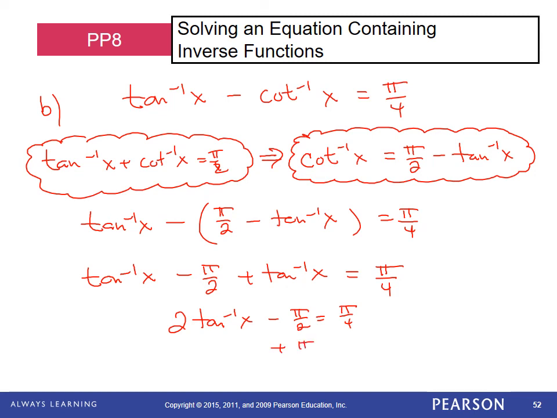We add pi over 2 to both sides. 2 tangent inverse of x equals pi over 4 plus pi over 2, which is 3 pi over 4.